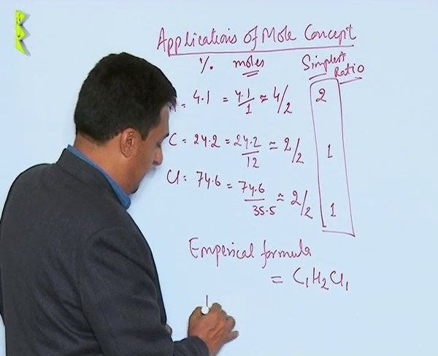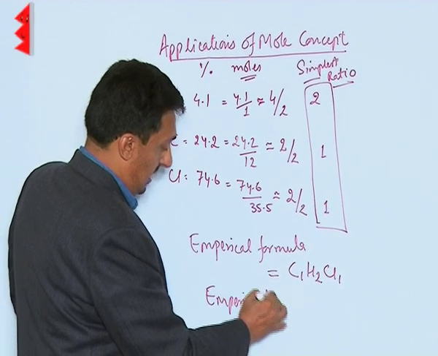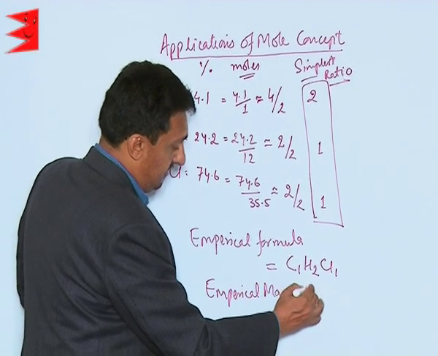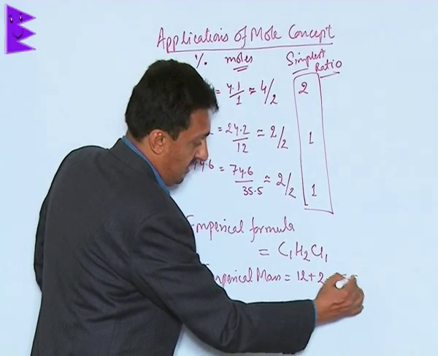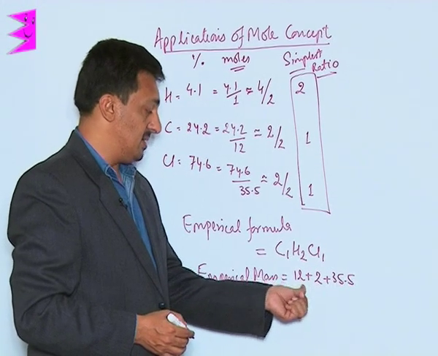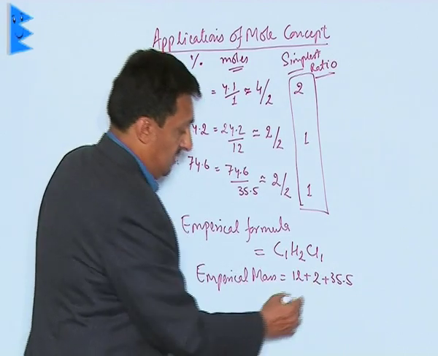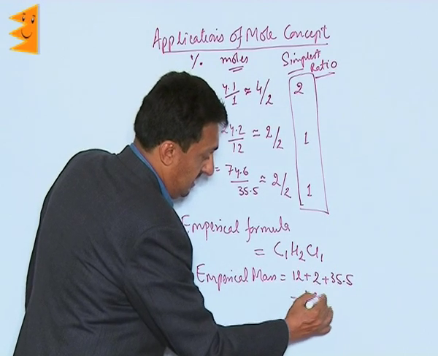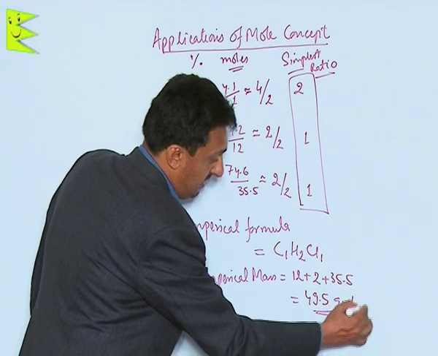Now from here we can find out the empirical mass, which will be 12 for carbon, 2 for hydrogen and 35.5 for chlorine. So that makes it approximately 14 plus 35.5, which is 49.5. This will be in grams per mole.